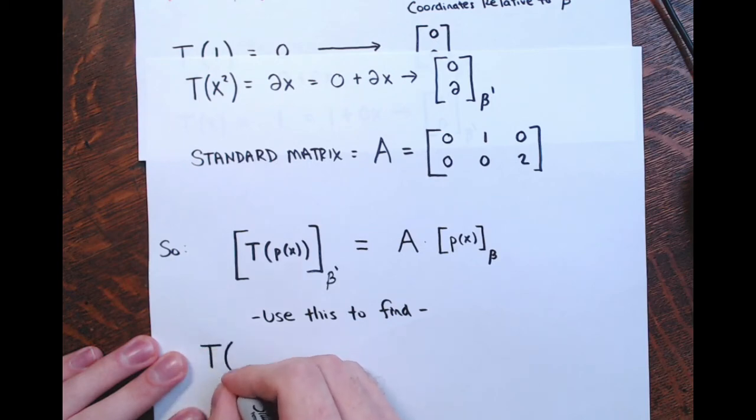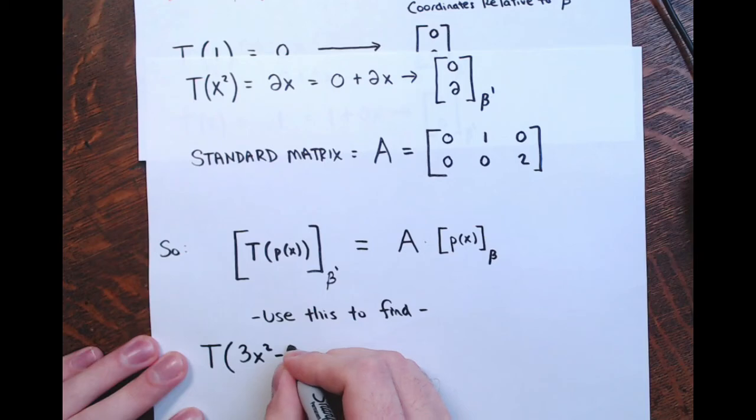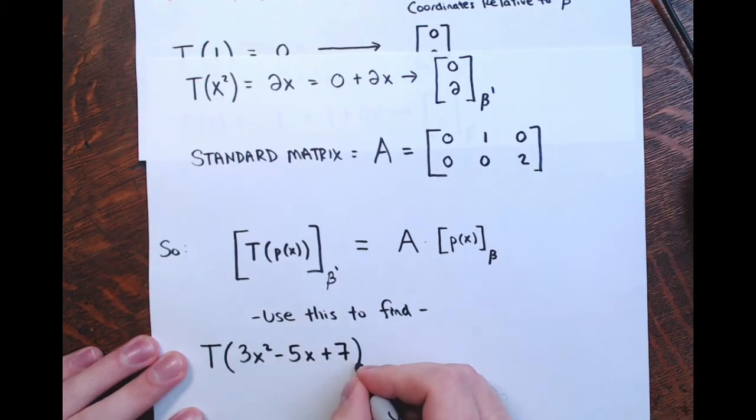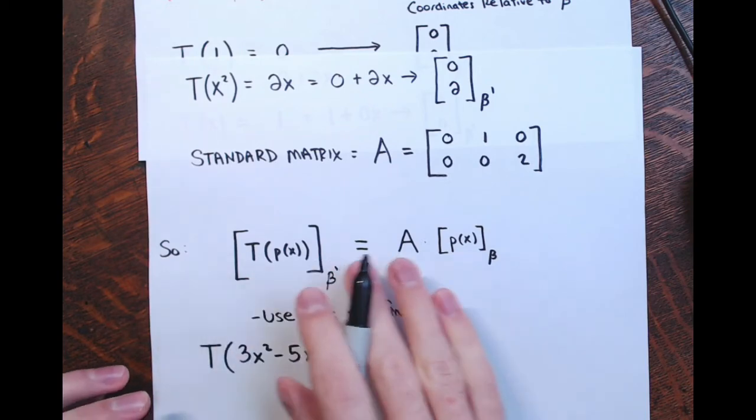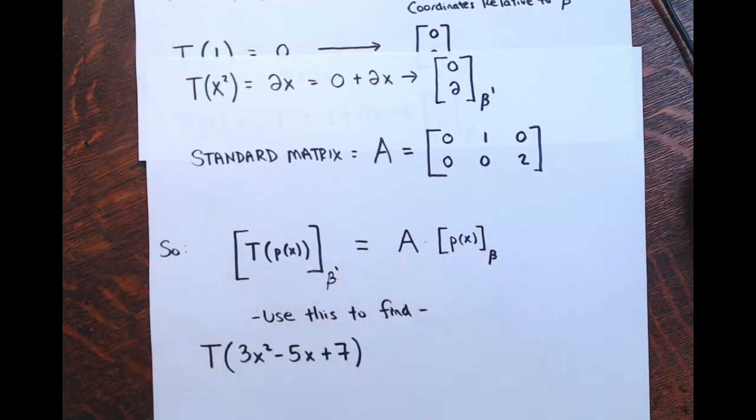What's T of 3x squared minus 5x plus 7? Now I know you can easily find it. We know that this is going to be 6x minus 5, right? The output's the derivative. But let's put it in terms of this statement here involving all these coordinate vectors.